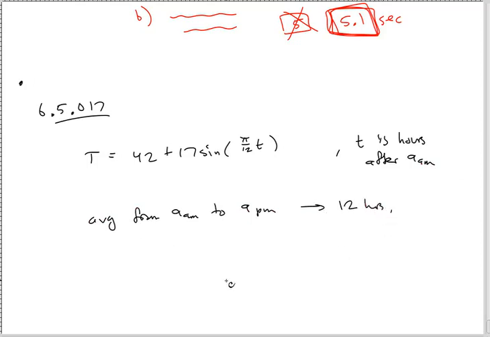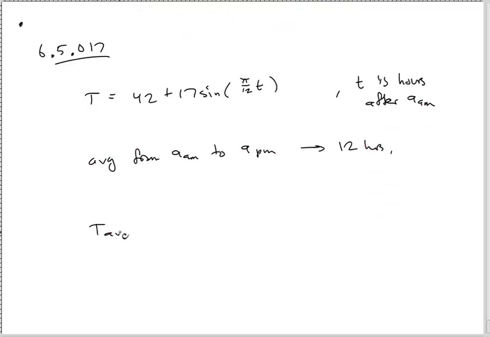Very good. And so t average is going to be 1 over the 12 integral from 0 to 12 because that's what they're wanting. And then we just plug this guy in. Desmos. And then, you get your answer and you're done.